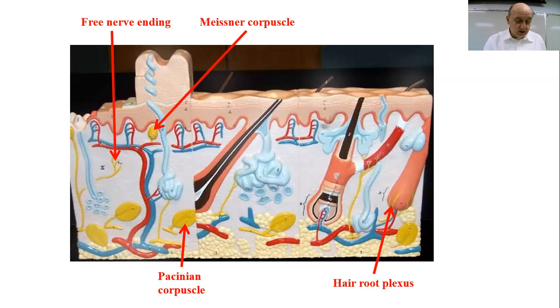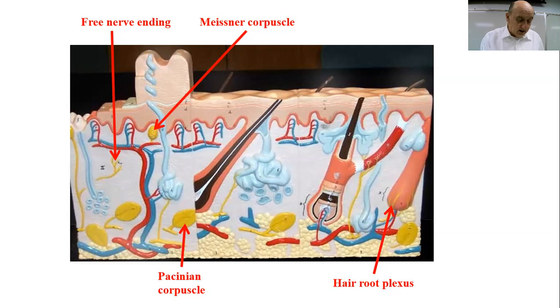In this table, you see several columns. The first column is the name of the receptors. And when you look at the skin model, you'll see that there's Meissner corpuscle, Pacini corpuscle, hair root plexus. These are the first three receptors. But then you see a bunch more that we don't see on a skin model. I'll come back to that. Our first question is related to what we can see actually on a model.